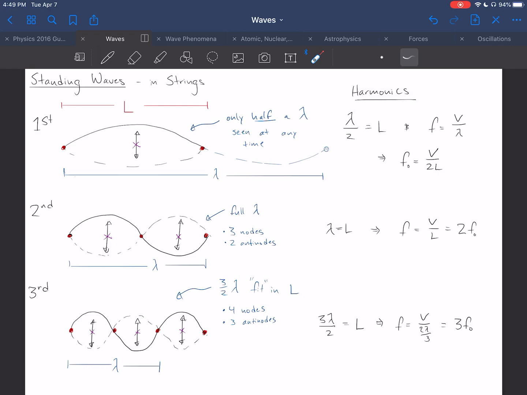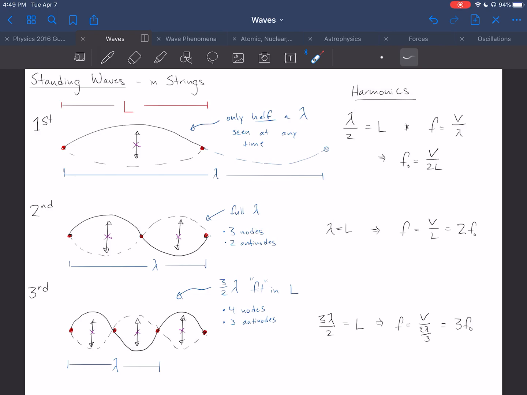In the first harmonic, it was half a wavelength. In the second harmonic, it was exactly 1 full wavelength. And in the third harmonic, if we draw a wave, there's 1 wavelength, and then we get halfway through drawing another one, and we're done. So that means 3 halves lambda fit in L, or 1.5 wavelengths fit in the length of the string.